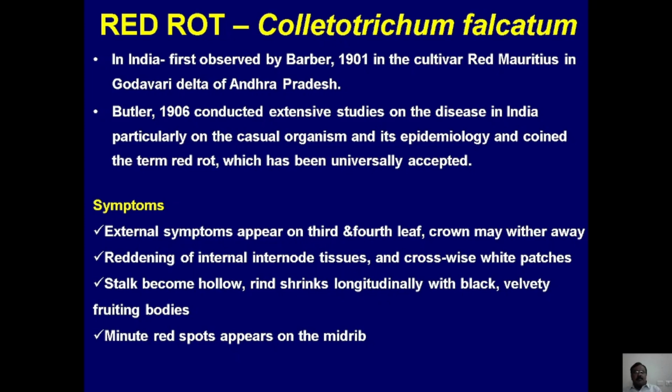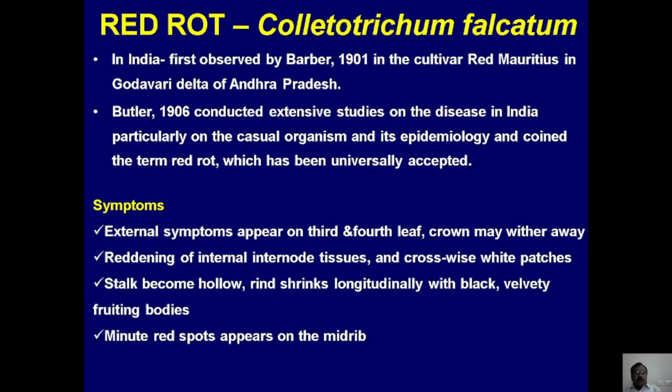The external symptom appears on the third or fourth leaf, and the crown may wither off, with reddening of internodal tissues with crosswise white mycelial growth, and then the stalk becomes hollow and the rind shrinks longitudinally with black velvety fruiting bodies.